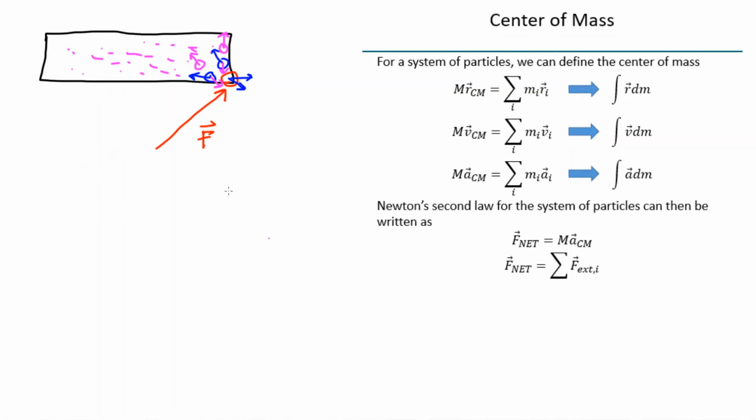But what this result shows us, that we can just say the total F external equals m a center of mass, means we can apply Newton's second law to the center of mass of this system. That is, we cannot worry about all of these little internal forces, and we can just say this force F acts right on the center of mass of the system like that.